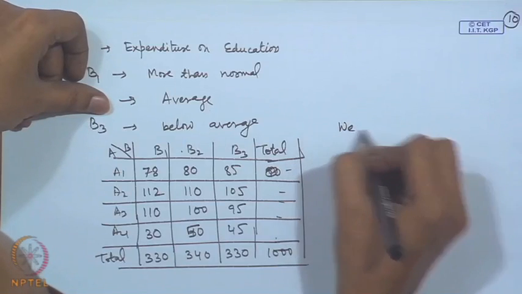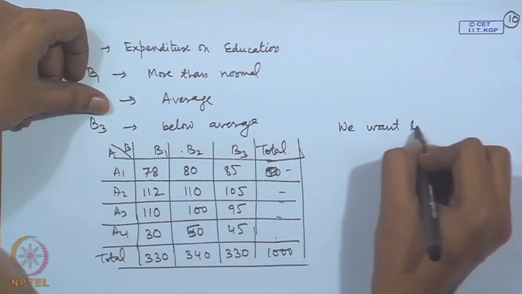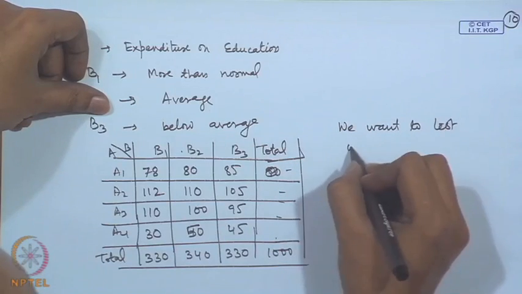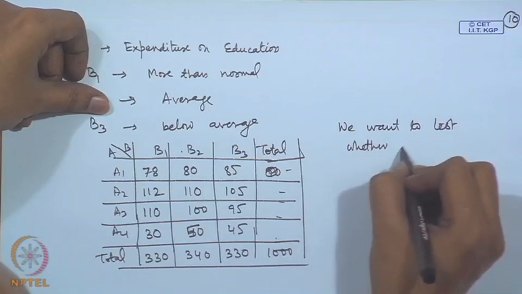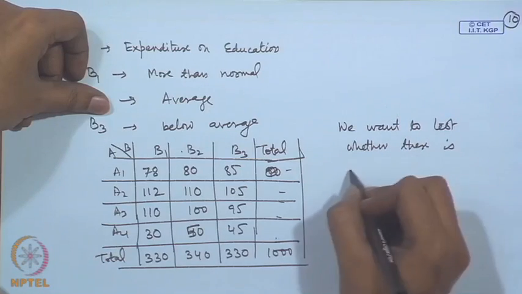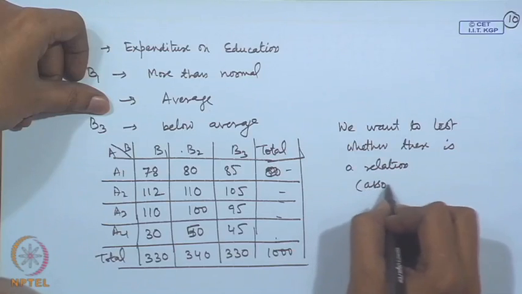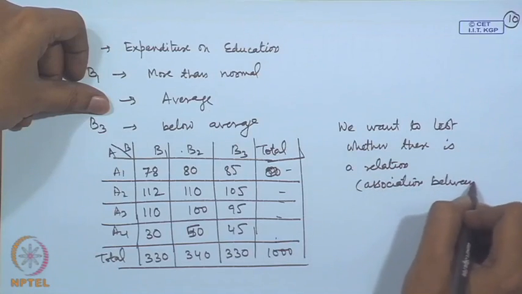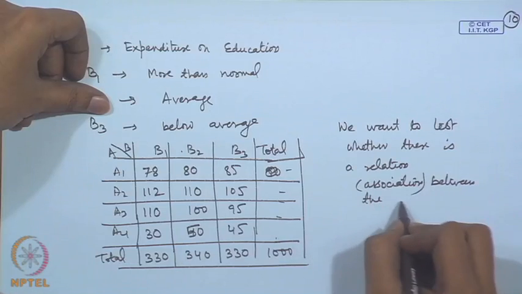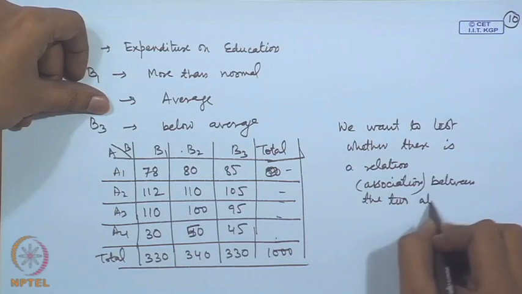Now, we want to test whether there is a relation, or you can say association, between the two attributes.